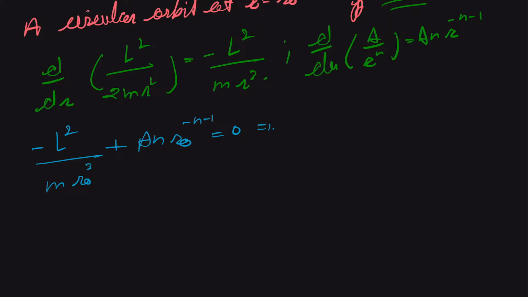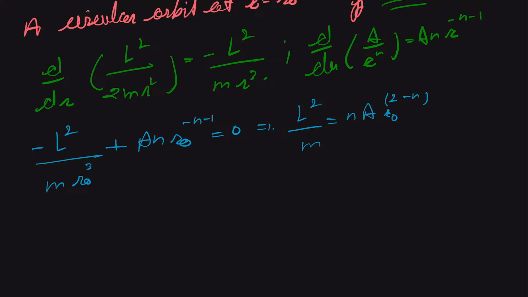And from here we can write L square upon m will be equal to n a times r naught raised to power 3 minus n minus 1, which gives us r naught raised to power 2 minus n.